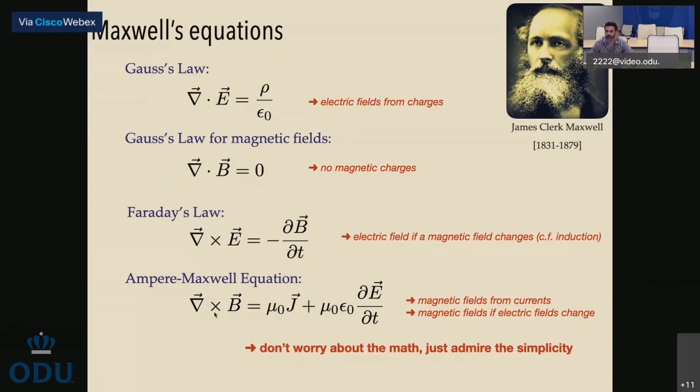The last equation, which was the one that Maxwell completed, is known as the Ampere-Maxwell equation, which tells you that you can generate magnetic fields from moving charges. So you can have a charge that is moving, and it creates a magnetic field. And this is related to currents, right? If you have a current, there are charges that are moving. So currents are defined as charges that are just moving.